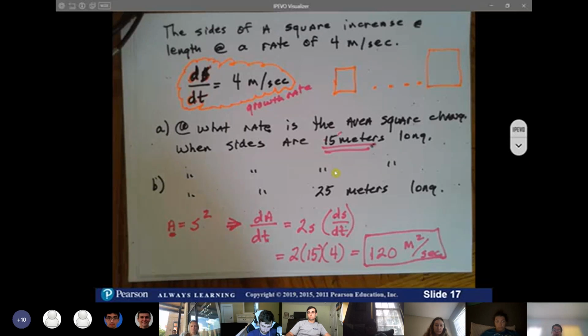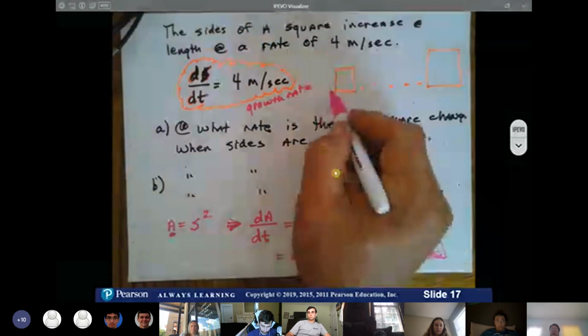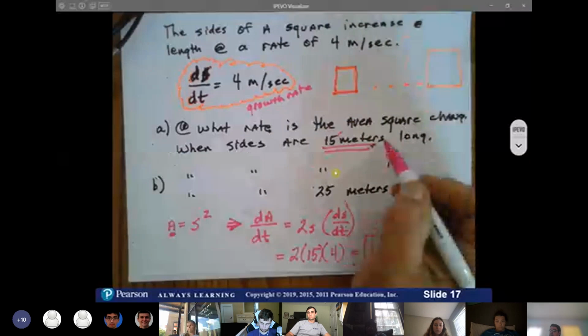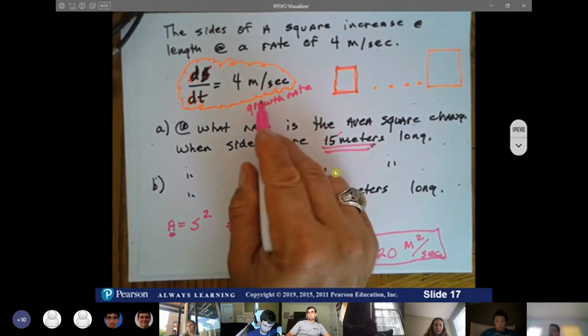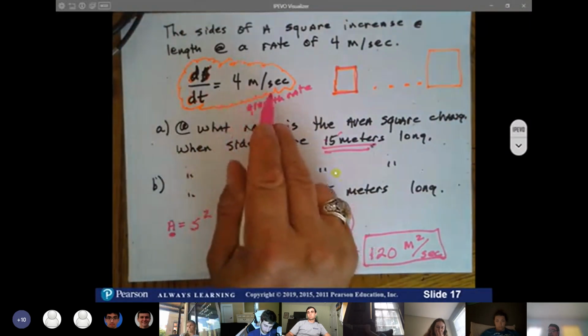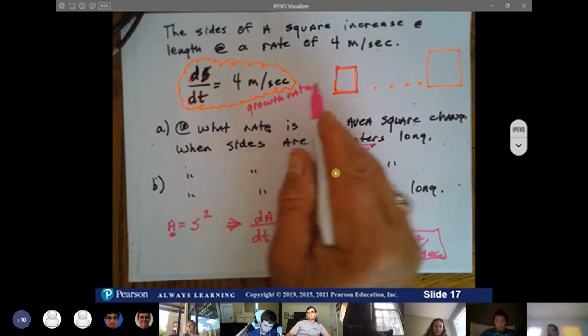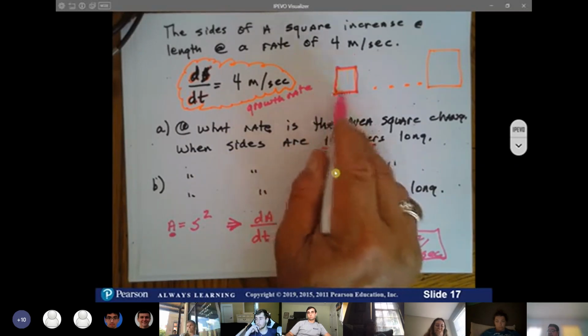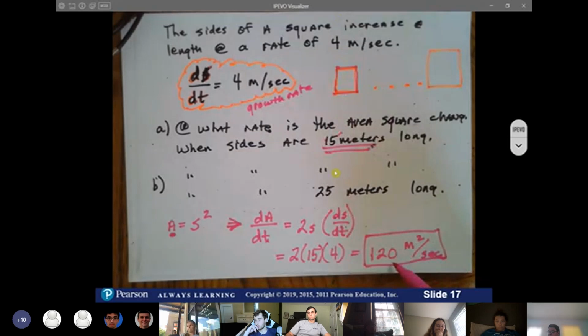So 15 meters is right here. As it got up from 4 to 5 to 6, up to 15, up until that point, it was growing at 120 meters squared per second.